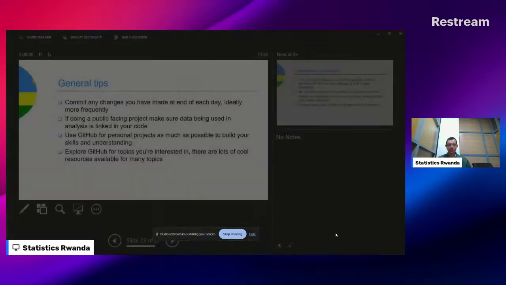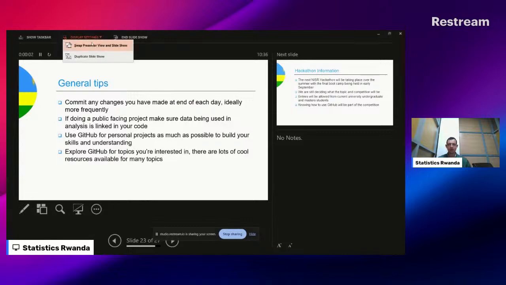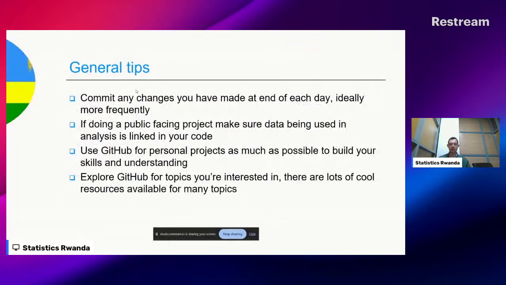The last thing I want to talk about in terms of the GitHub stuff is some general tips. So firstly, you should commit any changes you've made at the end of each day, or ideally more frequently. Whenever I'm working on a project and I make a significant change, like I was saying before, if I was working on a project that required multiple charts, I would probably commit after making each chart as part of that functionality.